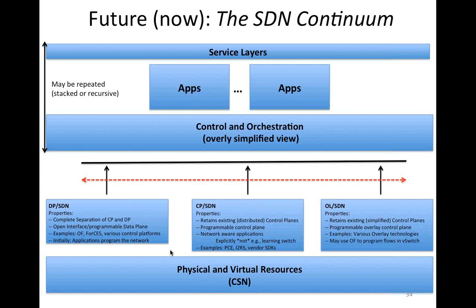And then if you move all the way to the other side, you have this kind of overlay SDN. Here you retain a simplified control plane, so you have IS-IS or something like that running in the network. Then you overlay, and you don't care what the data plane underneath you is.